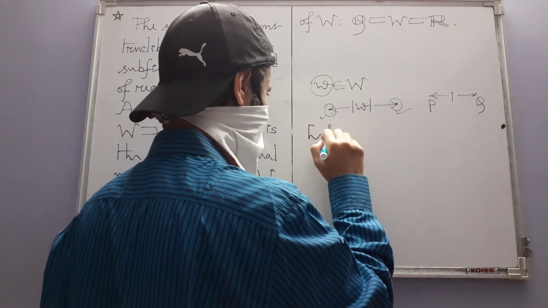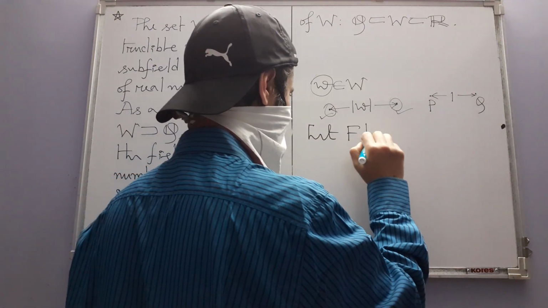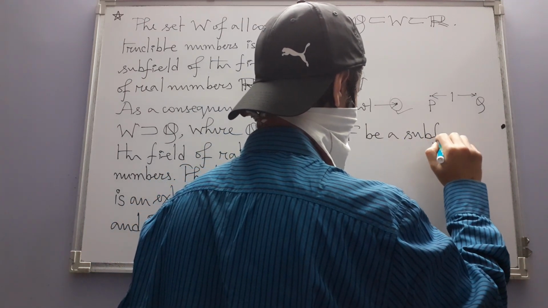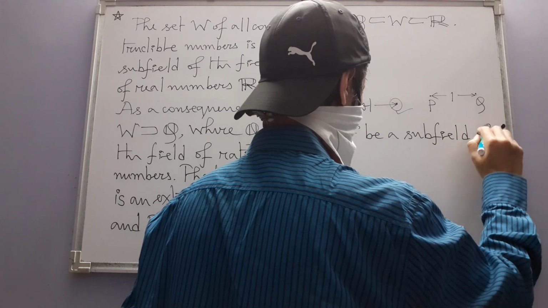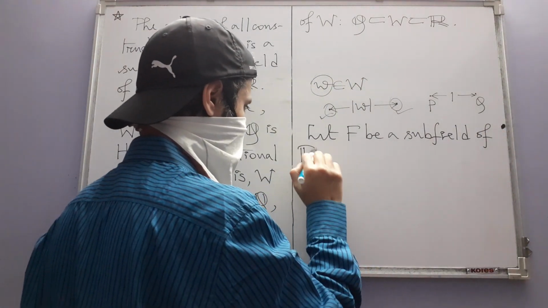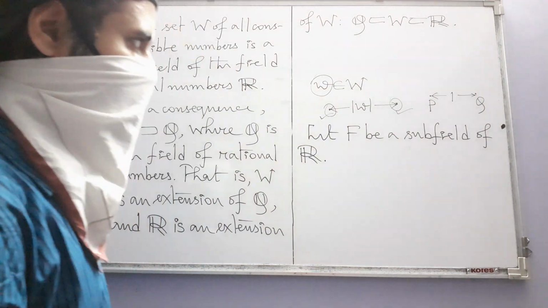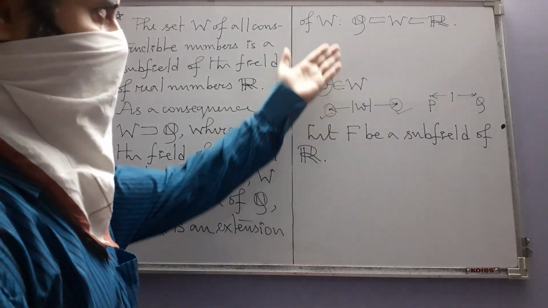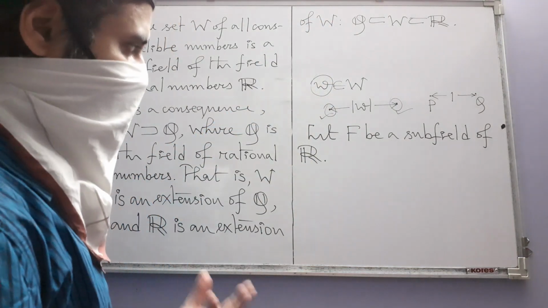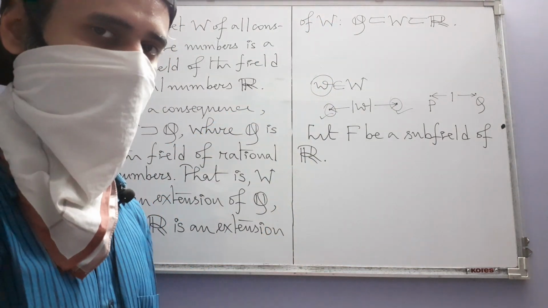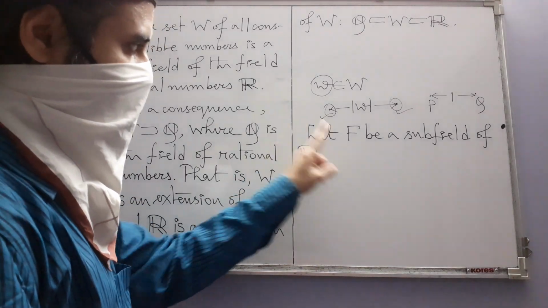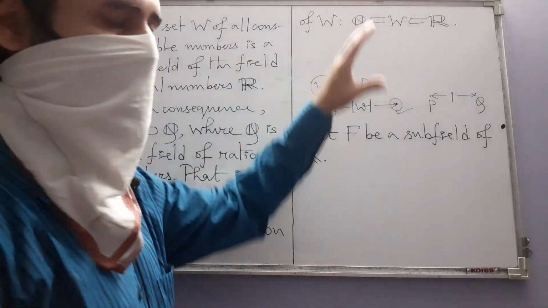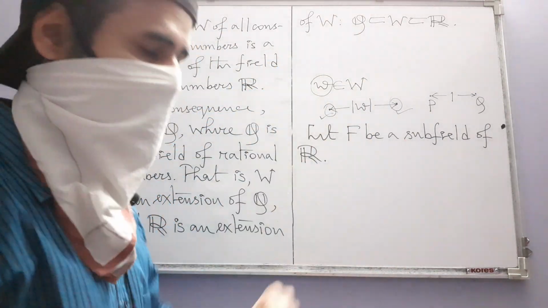Let F be a subfield of R. Note that this itself implies that Q is a subfield of F, because we have seen before that any subfield of the field of real numbers contains the entire subfield of the rational numbers inside of it.